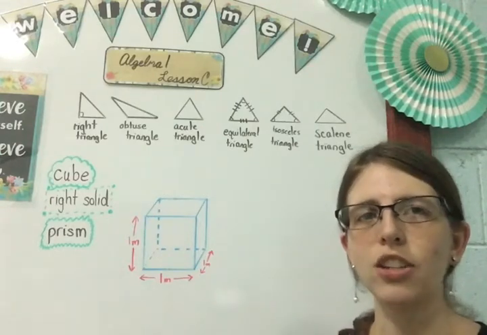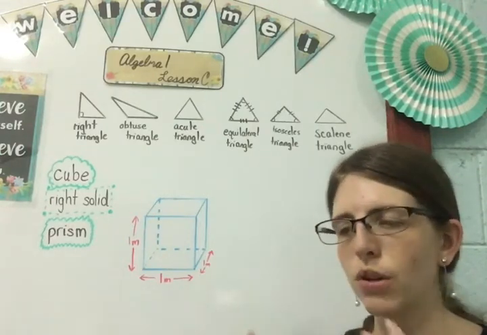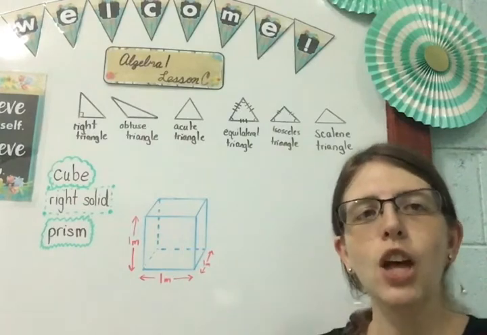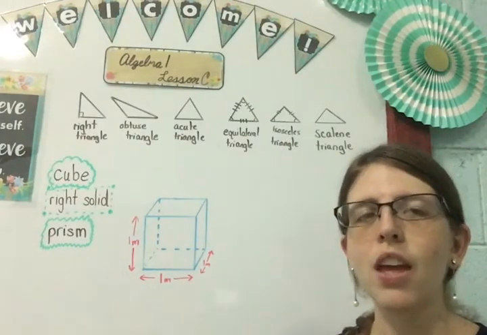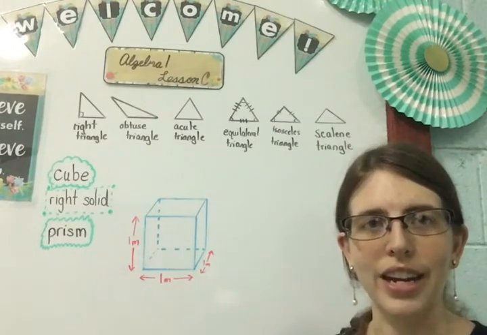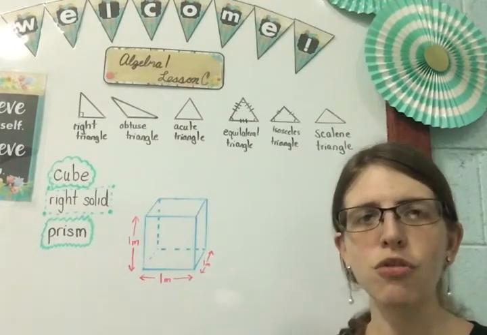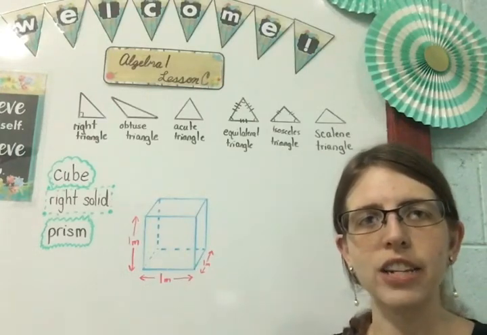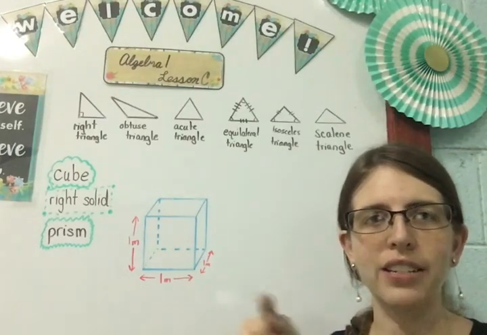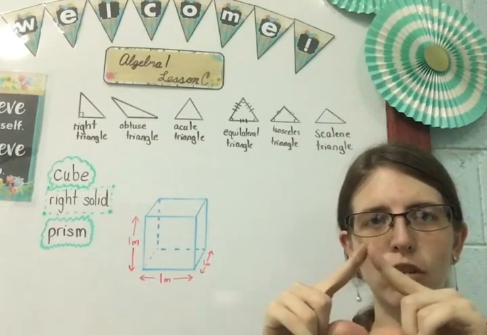But first, let's talk a little bit more about shapes, review a little bit more of our geometry. So we're going to talk about triangles today with our shapes. Triangles can be classified in different ways. Triangles are polygons. Polygons, by the way, are any shape that is made up of line segments that are all connected, they're closed.